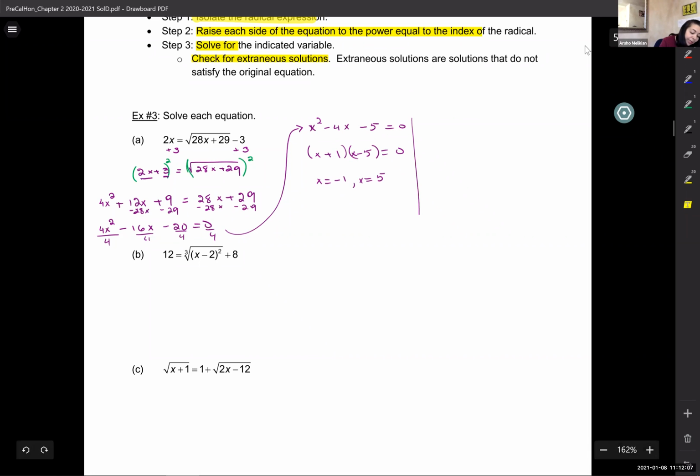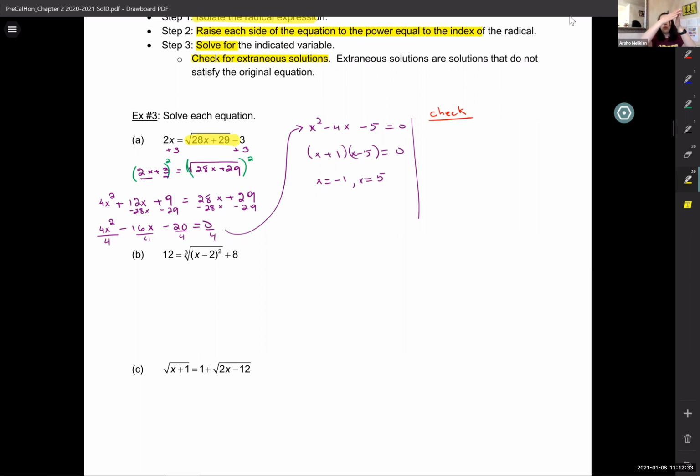Okay. Now, I need to check to see that each of these work. Why do we need to check? The reason is this. When I started out, I had a square root in my equation, right? That was my original equation. And we know that the domain of square roots is not all real numbers.